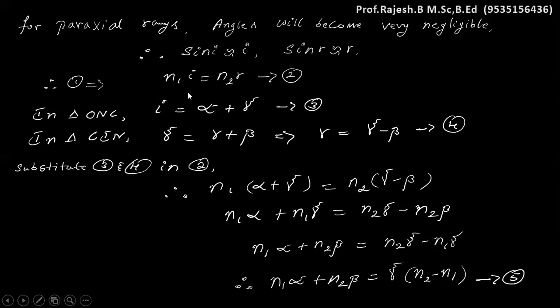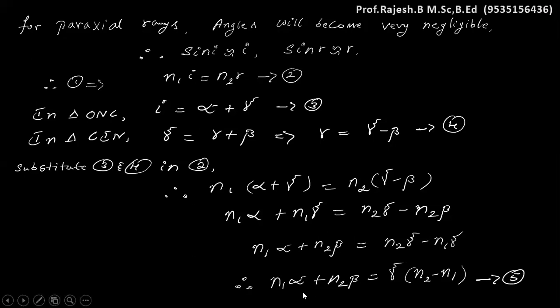Use the exterior angle property for the triangles: exterior angle is equal to the sum of the two interior angles. Find i and find r. Substitute these two in equation 2, multiply them, and keep the gamma terms separate. You will get equation 5.